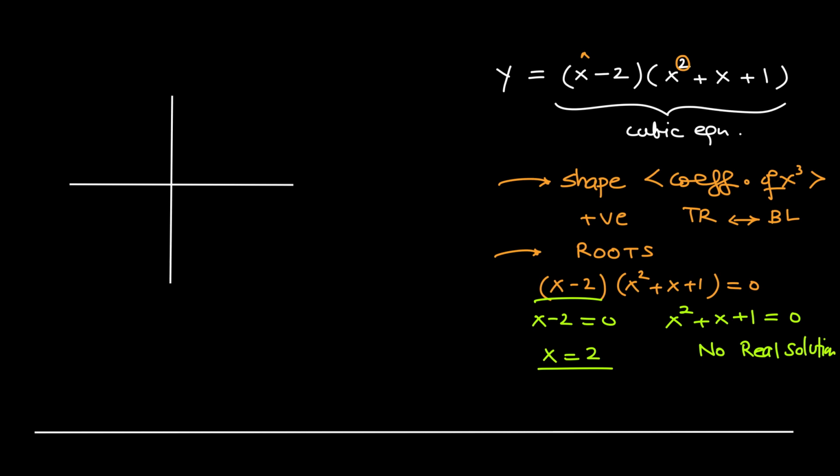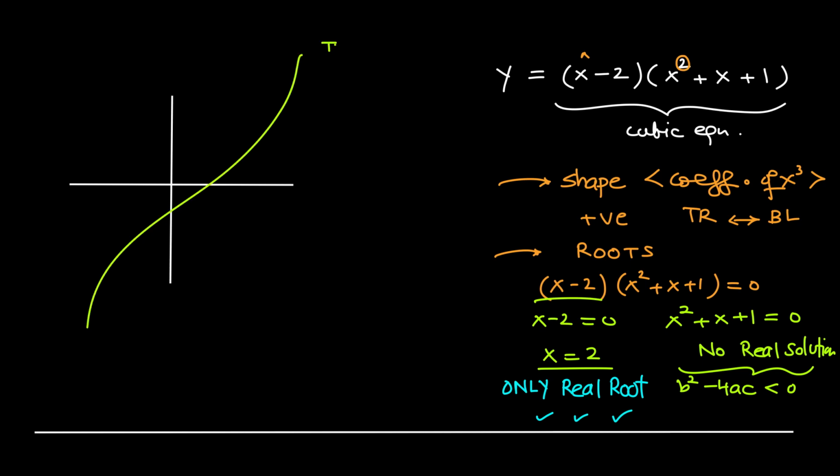The reason being the discriminant b squared minus 4ac is negative. This means there is only one real root of this equation. The graph will look something like this, starting from top right, going till bottom left, and the x-intercept is 2.